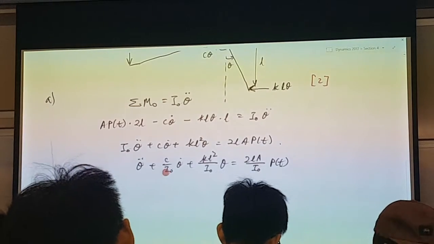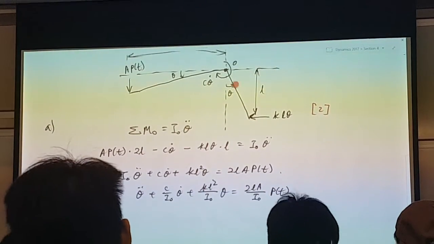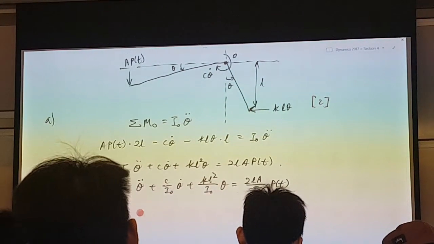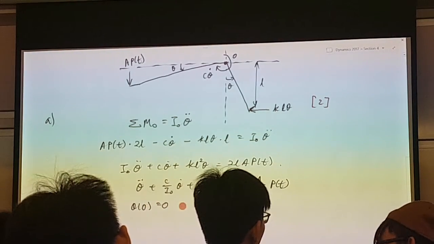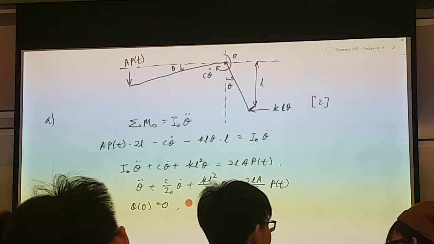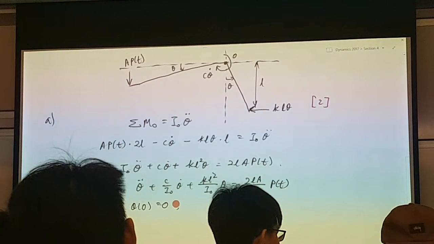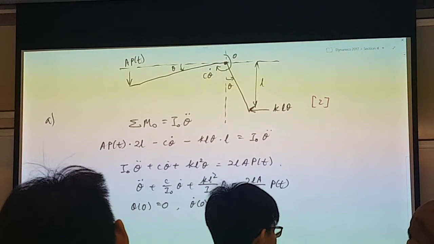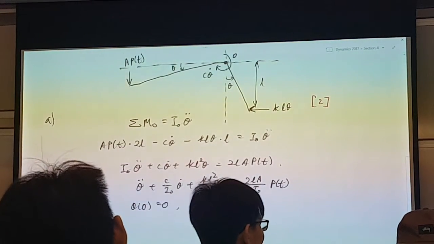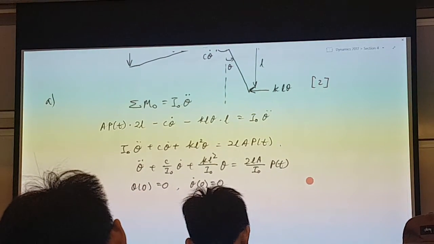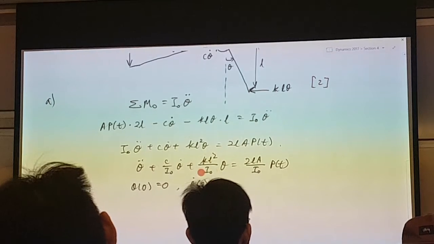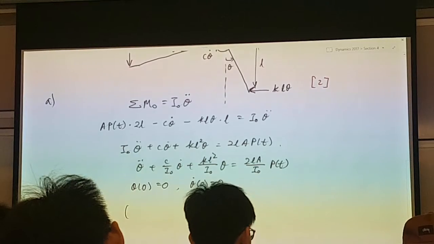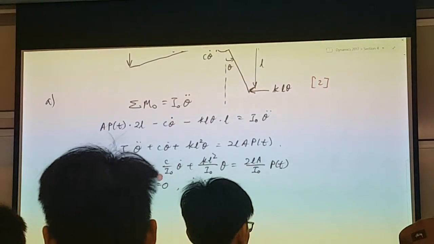For the Laplace transformation, I know that in this case the initial conditions for this setup are 0. So theta at 0 is equal to 0, and theta dot at time 0 is equal to 0. Taking the Laplace, I'm going to go straight into Laplacing and have all this as my coefficient.